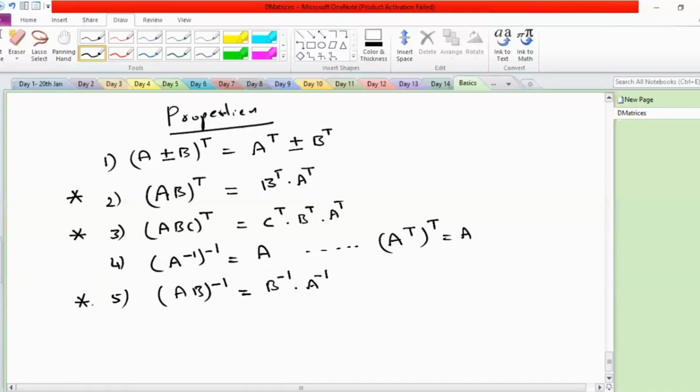This also you have to remember. Sixth one: A transpose inverse equals A inverse transpose. Sorry, I said minus 1, it's not minus 1, it's inverse.